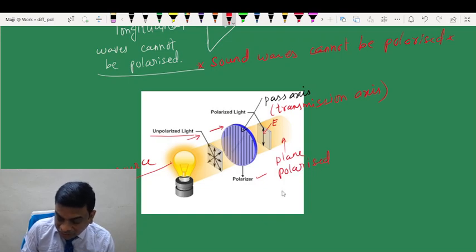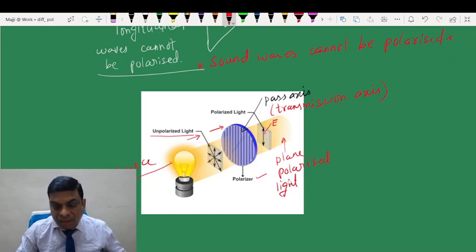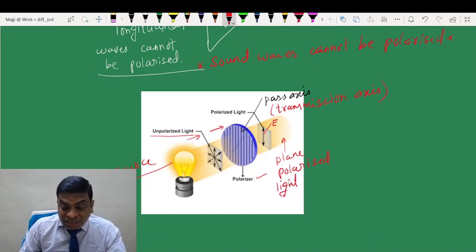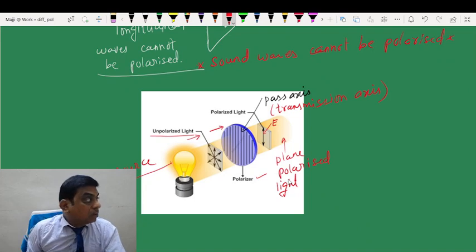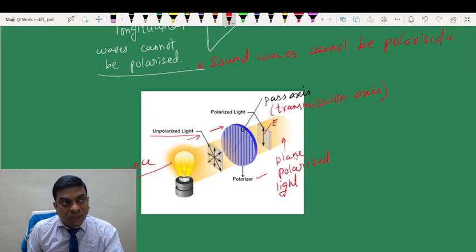So in this chapter, basically we will be studying the different methods of obtaining plane polarized light. The entire chapter revolves around the various methods which are employed to obtain plane polarized light from unpolarized light.